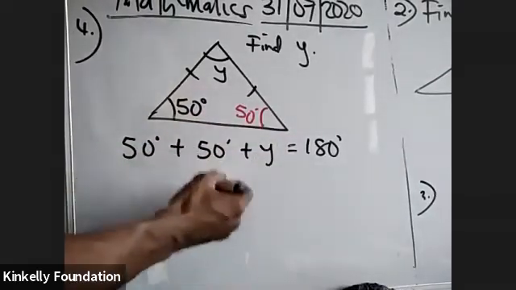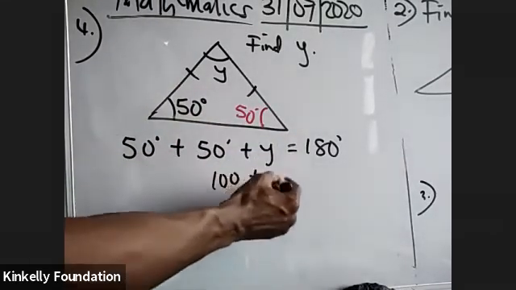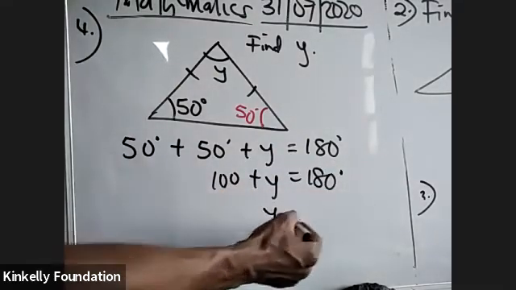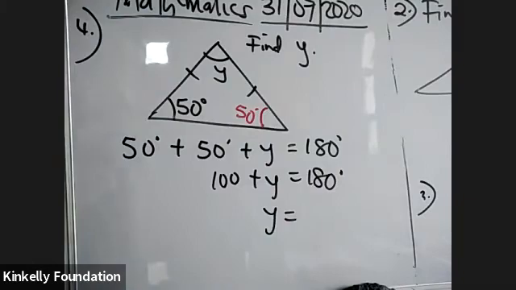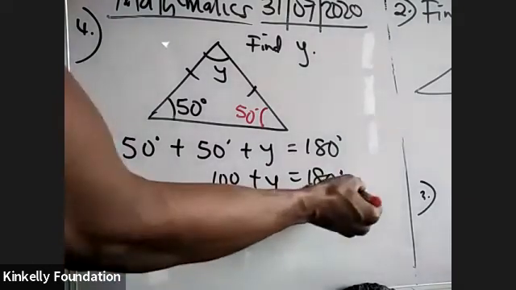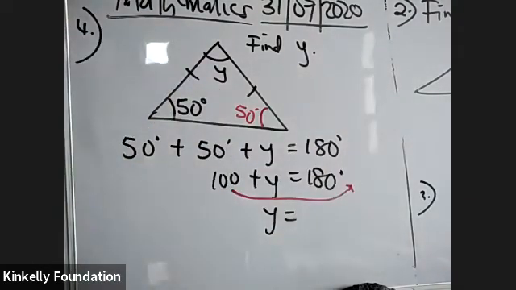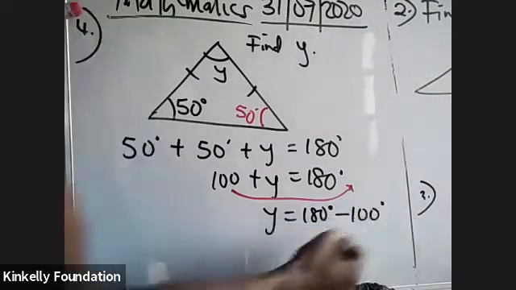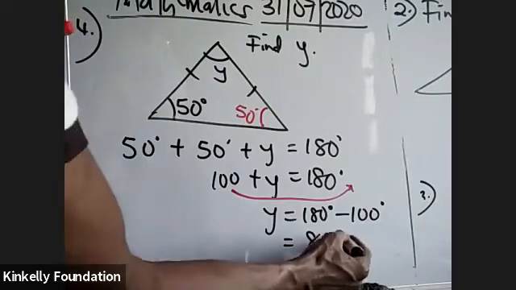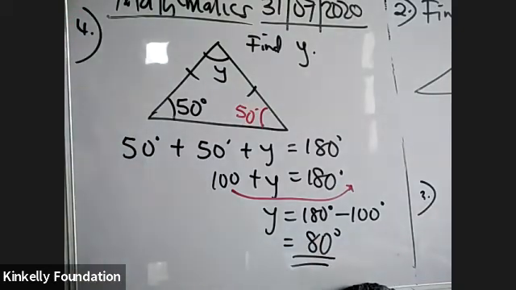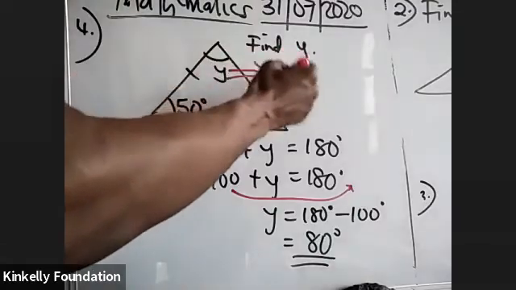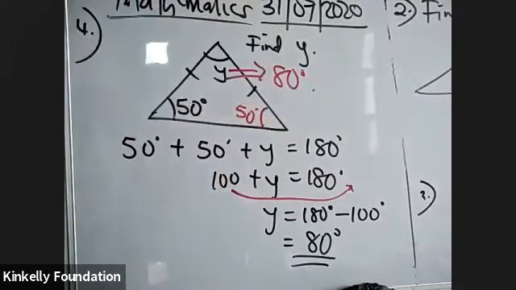So this is 100 already, plus y equals 180 degrees. y will now be 180 degrees minus 100 degrees, to give us 80 degrees. That is why the value of y is 80 degrees.